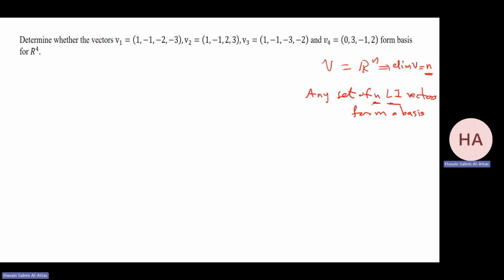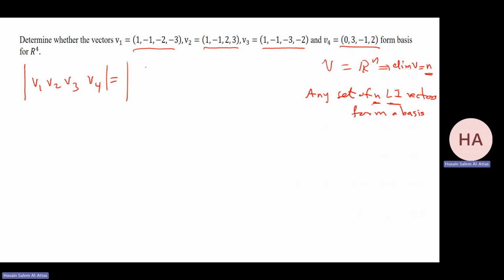So it is enough for me to show that these vectors are linearly independent, to show they form a basis. How do we show they are linearly independent or not? I will find the determinant of V1, V2, V3, V4.